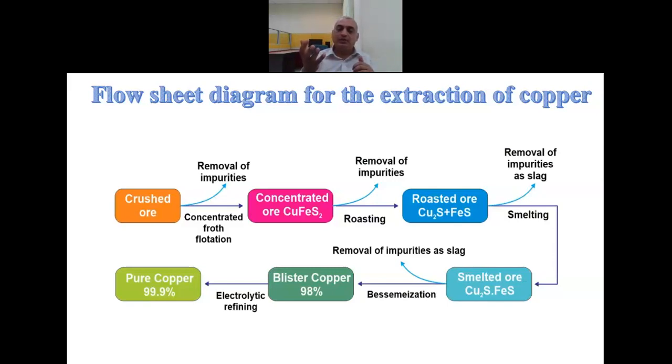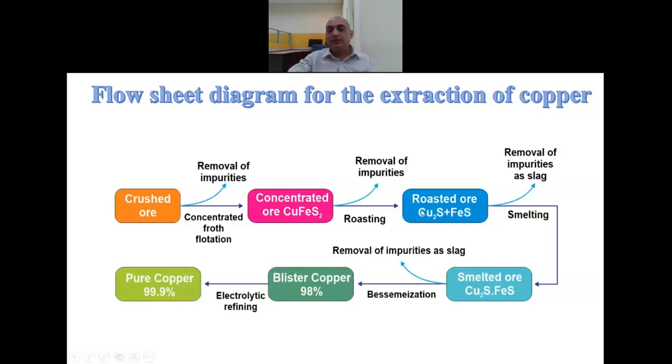All the ore particles which were surrounded by the oil become lighter in nature, so they come to the top of the surface. So easily we can remove the ore particles. Here at this stage we have concentrated the ore, and then the roasting, where we simply heat it with oxygen.